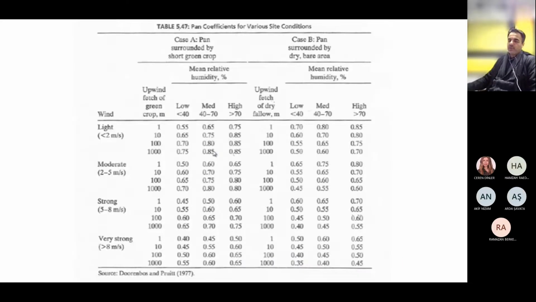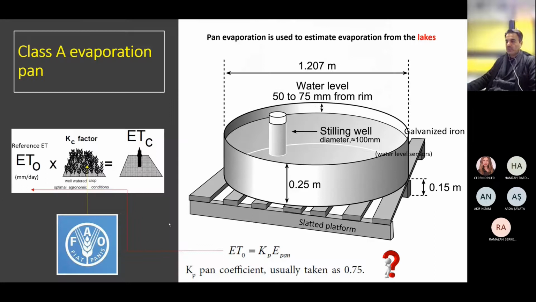So you may ask, okay, where can we find those coefficients? We have so far had two coefficients, one Kp, the other Kc. For Kp, I told it can regularly be assumed 0.75, but there are also some tables, standard values provided by FAO, that you can select Kp and Kc from.